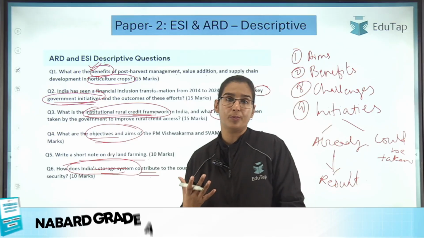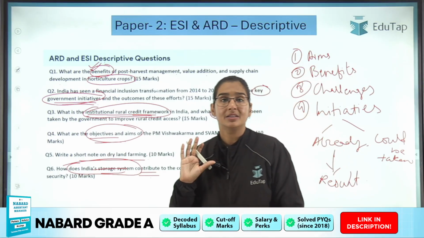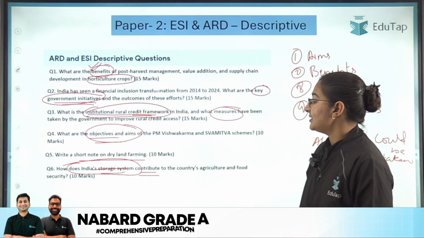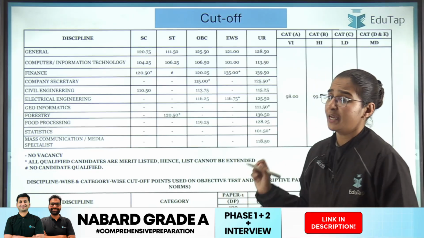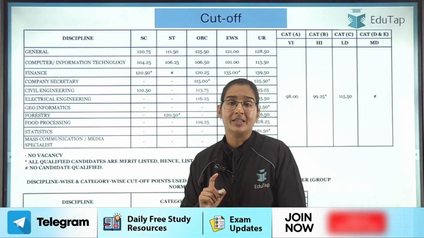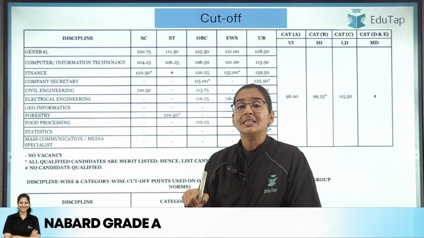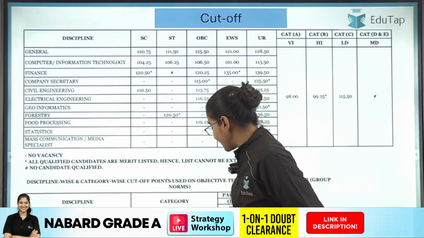Now, how do you have to prepare? The question arises, if these are the themes. One, we have noted the themes. Now the question arises, how you have to prepare as far as your descriptive paper is concerned, right? Because one thing you cannot afford is to ignore the descriptive paper. See students, right now, this is the high time when you start doing the practice as far as your descriptive paper is concerned.